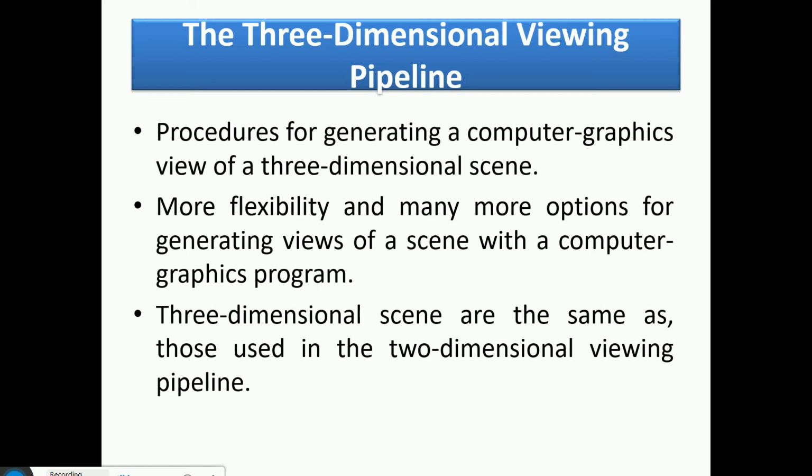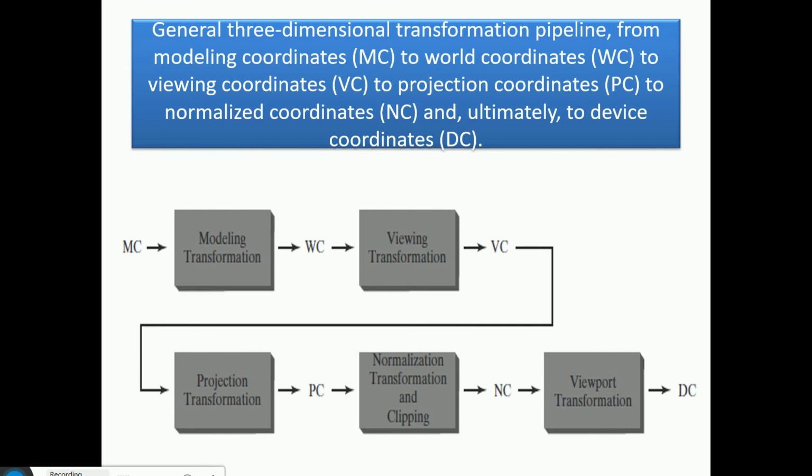The next is an important process. This figure shows the general processing steps for creating and transforming a three-dimensional scene to device coordinates. Once the scene has been modeled in world coordinates, a viewing coordinate system is selected and the description of the scene is converted to viewing coordinates.